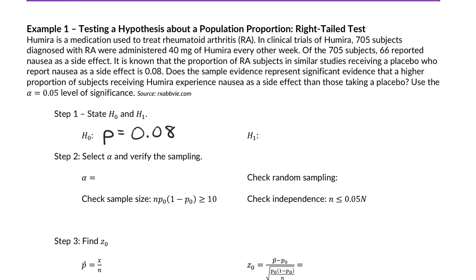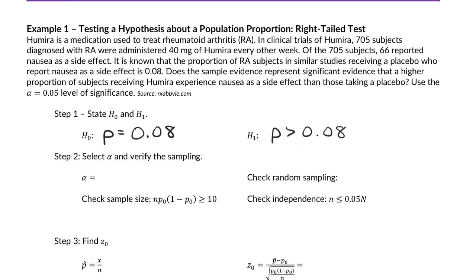So is this going to be a right-tailed or a left-tailed test? Are we going greater or less than? Greater, which means it is a right-tailed test. So we're checking p greater than 0.08. Our population proportion is typically 0.08. We're trying to see if this sample that we got of Humira patients is statistically significant.